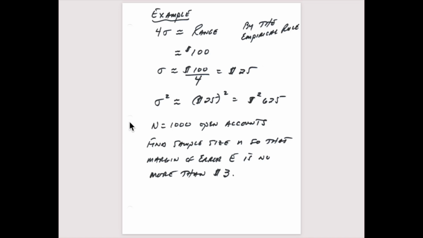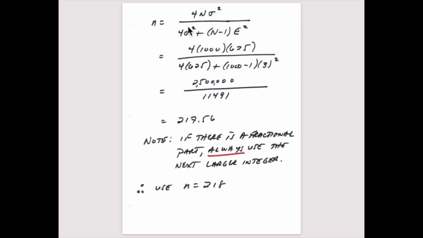Again, the population size is 1,000. That's the number of open accounts. And so we want to find the sample size, lowercase n, so that the margin of error E, and again, that's the approximate 95% margin of error associated with our point estimate for the population mean, is approximately $3. Okay, so we plug these values into the sample size formula.